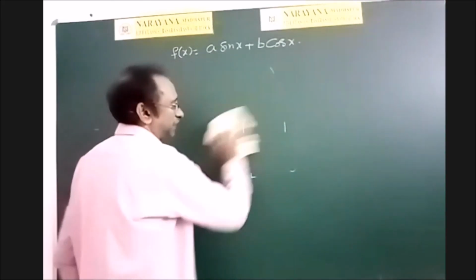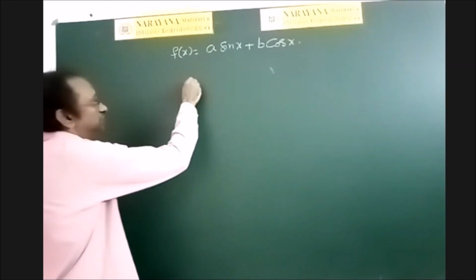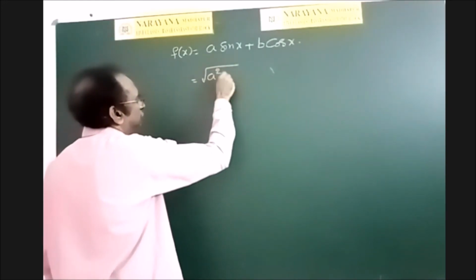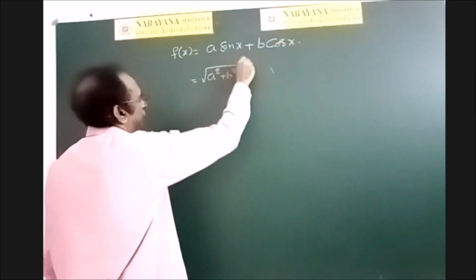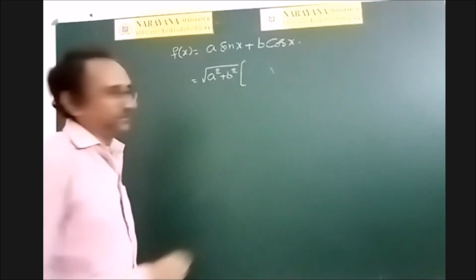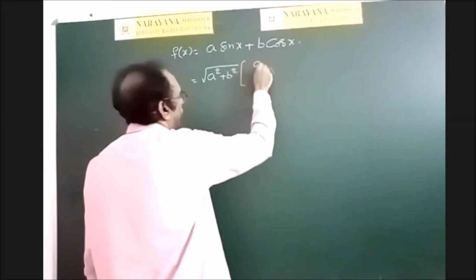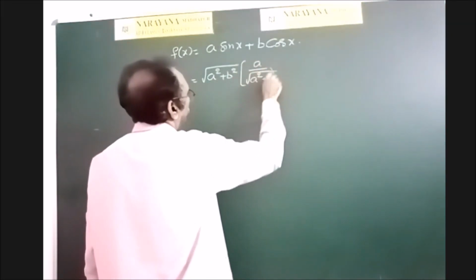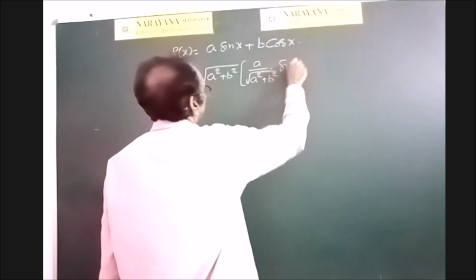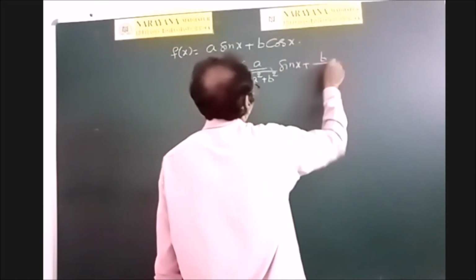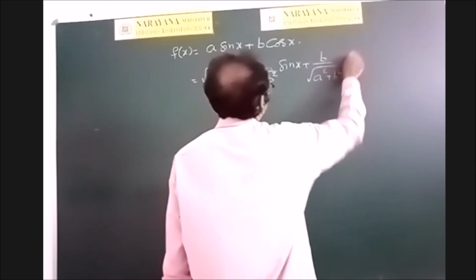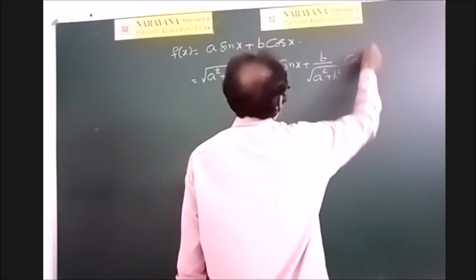Then how to get this maximum value? That is the question. See, now this is equal to, divide the numerator and denominator with root a square plus b square. We already did this method previously. So a by root of a square plus b square into sin x plus b by root of a square plus b square into cos x.